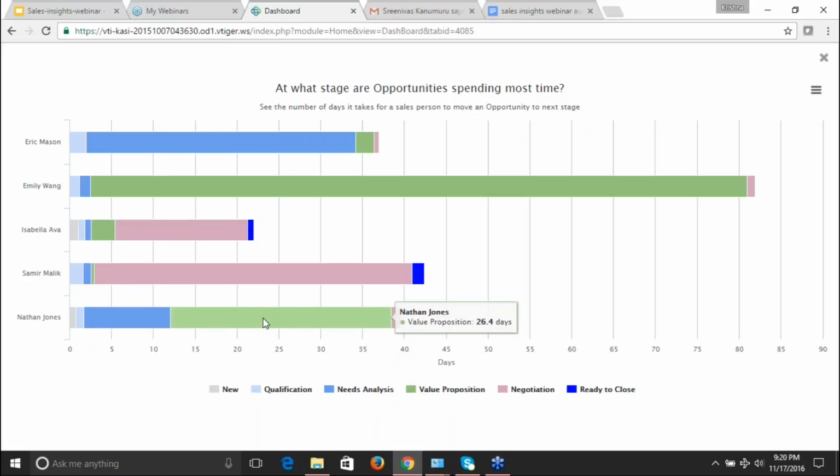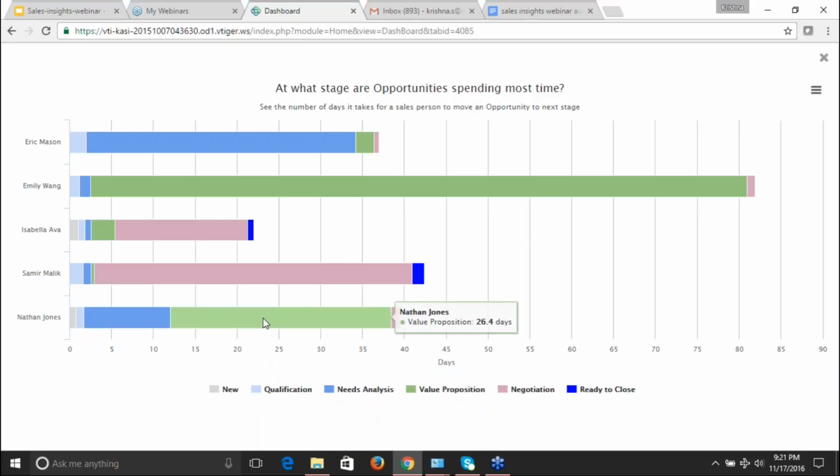So what I would like to do is understand what it is that both Isabella and Nathan do to advance faster, right? In Isabella's case, she's able to do the value proposition very quickly. In Nathan's case, he's able to negotiate very quickly. There may be some secrets that my team and I may discover. The next step would be for me to sit down with them and understand what are the different best practices that they use to achieve these results, and share it with the rest of the team.